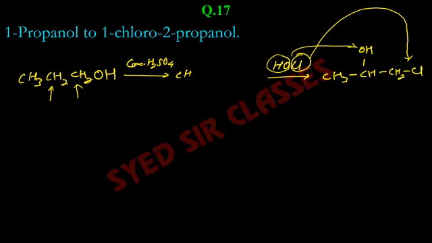That is, it will be CH3CH=CH2. So we introduce the double bond first, because we have seen the product. In the product, on adjacent carbons, one carbon has OH, the other carbon has Cl. So we can very well use HOCl there, which will break the double bond and attach OH on one carbon, chlorine on the other carbon. And we can easily convert alcohol to alkene by using dehydration.